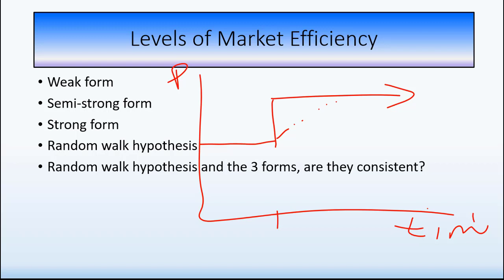The strong form is almost unreasonable. Here's what I mean by what the strong form is. The strong form says that all information, not just publicly available information, is embedded in the stock price. That means people with inside information, it has no value. And we know that that's not right.